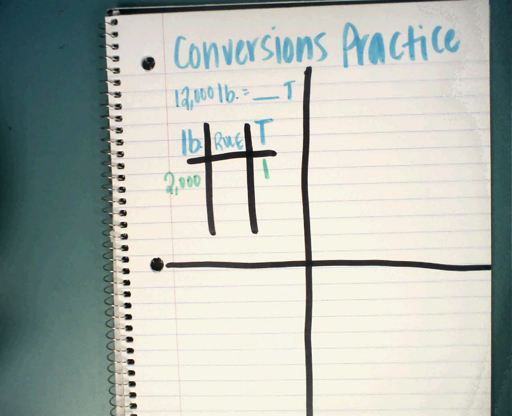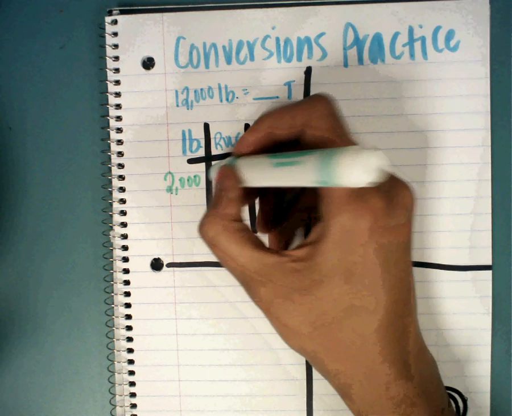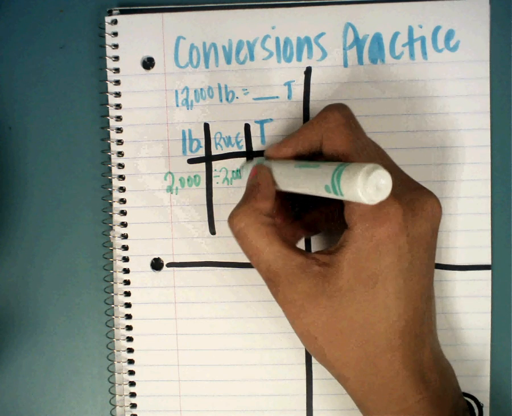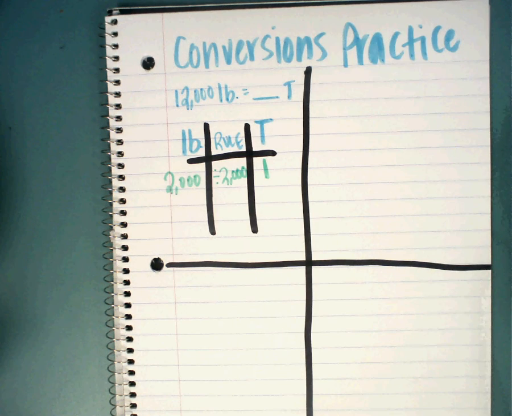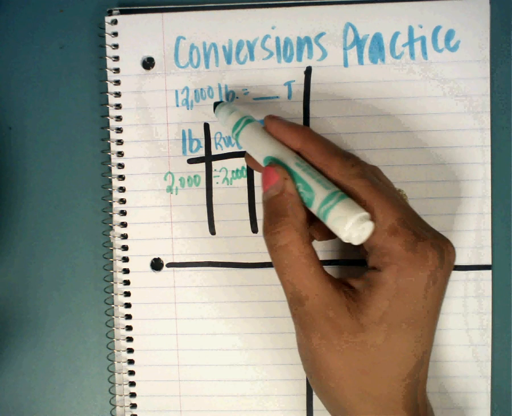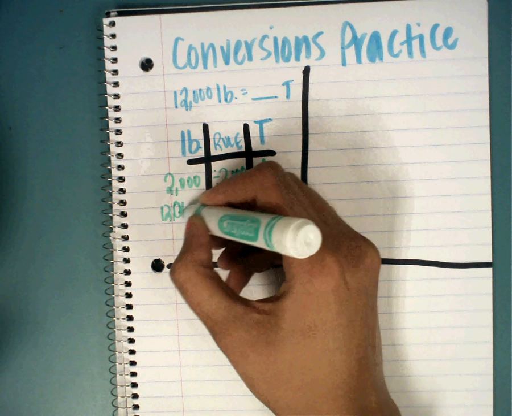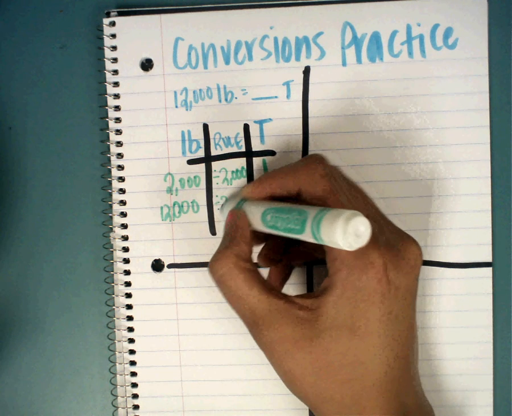I'm going to be dividing by 2,000, right? 2,000 divided by 2,000 equals 1. So now my next step is to plug in my given number, which is 12,000. So I have 12,000 divided by 2,000.